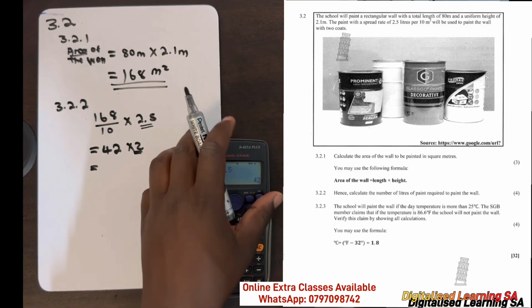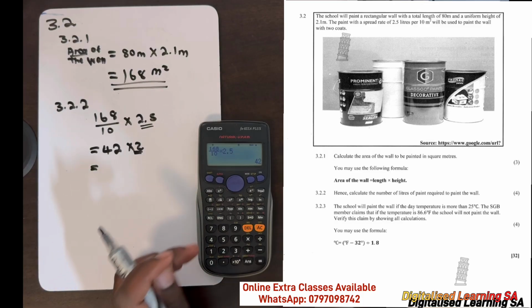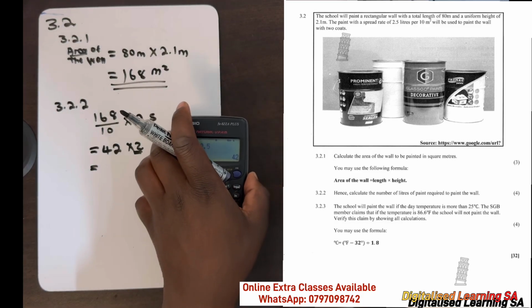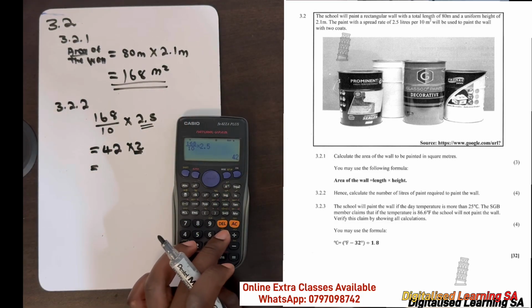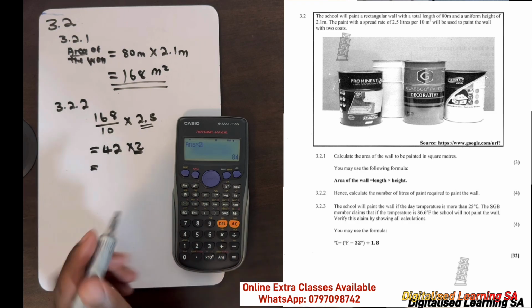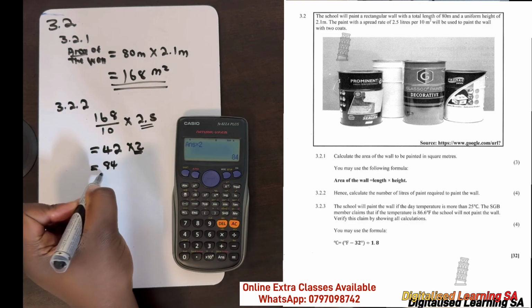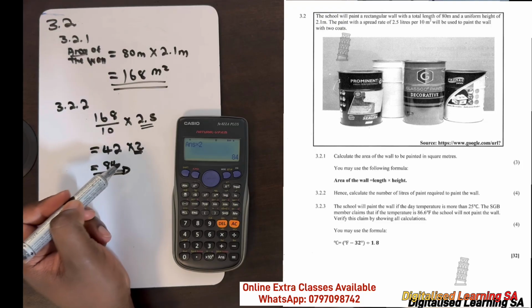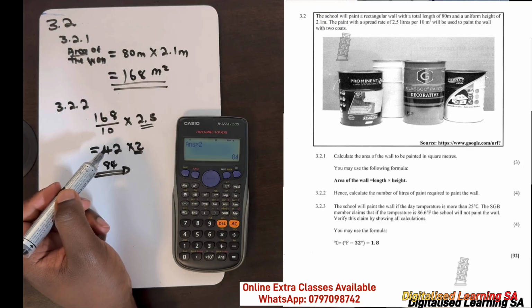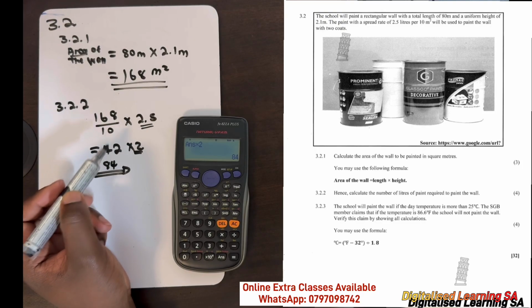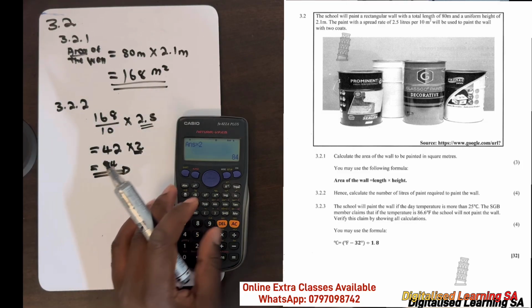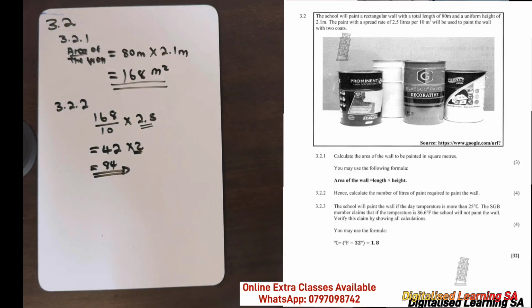And our final answer will be the number of liters will be 42 times 2, which is 84. So we'll need 84 liters of paint to paint the 168 square meter wall.